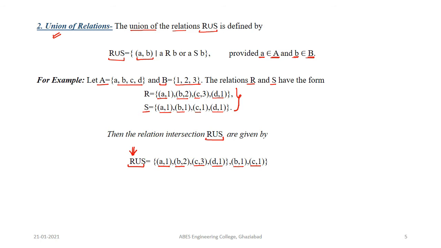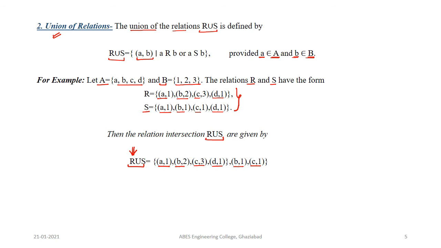We have already discussed that in the union of two relations, an ordered pair that belongs either to R or to S will come inside the union of R and S. So the relation R union S will be given by (a,1), (b,2), (c,3), (d,1), (b,1), (c,1).